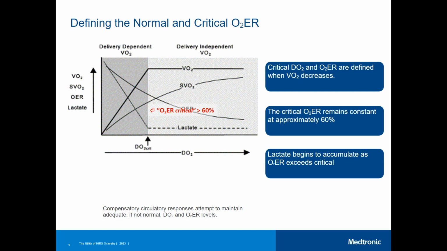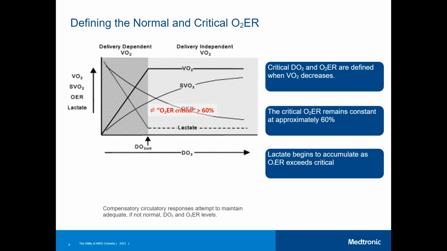The corresponding oxygen extraction ratio is the critical oxygen extraction ratio. The critical oxygen delivery changes in parallel with oxygen demand. However, the critical oxygen extraction ratio remains constant in the range of 60 to 70% because it evaluates oxygen demand relative to oxygen delivery.